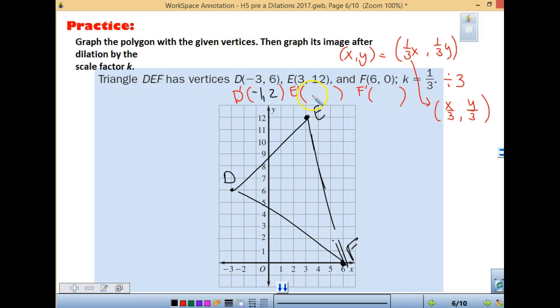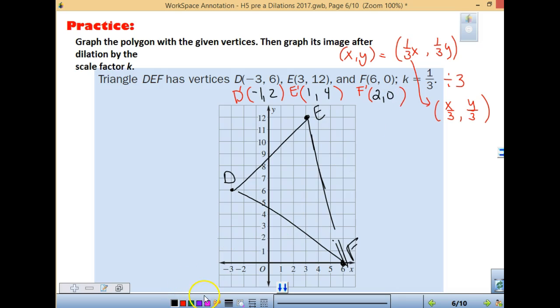Taylor, how about E prime? Careful. Divide by 3. Oh, (1, 4). F prime would be (2, 0).